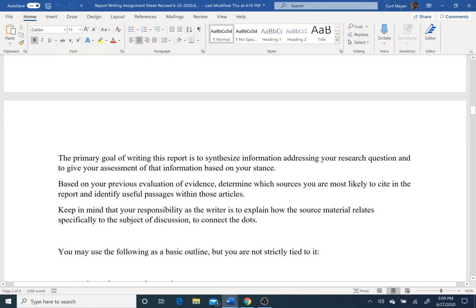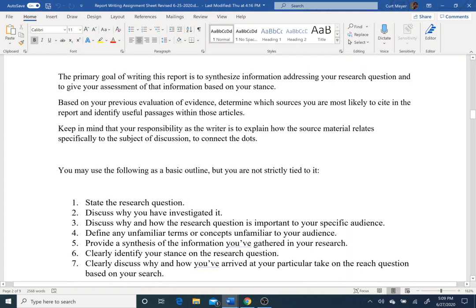Very important point, though. Moving on to the next page, the primary goal of this report is not for you to argue your position. That's not what you're doing here. You are synthesizing information. In other words, you're giving an overview of the major discourse or conversations surrounding the topic that you looked at, right?